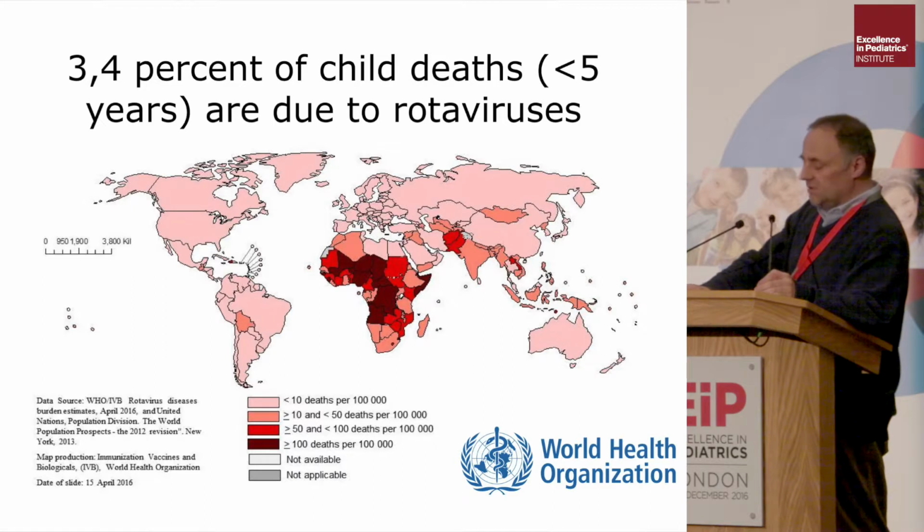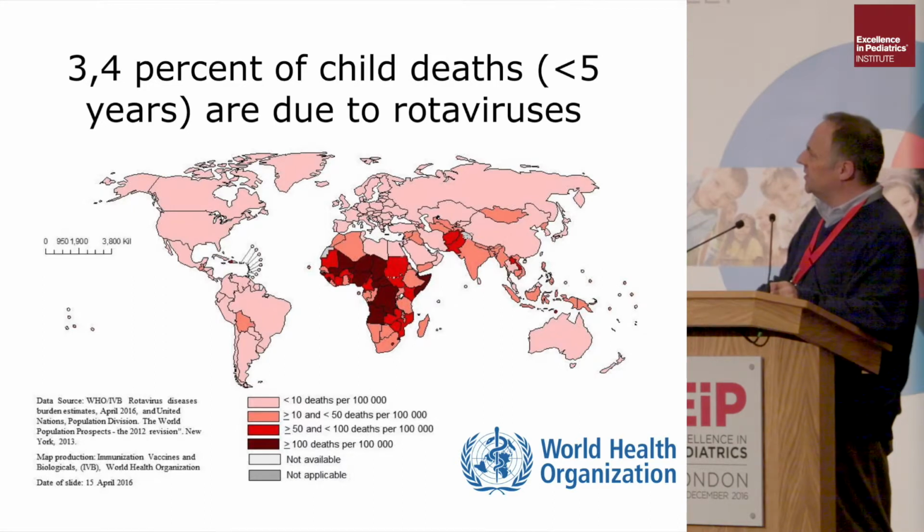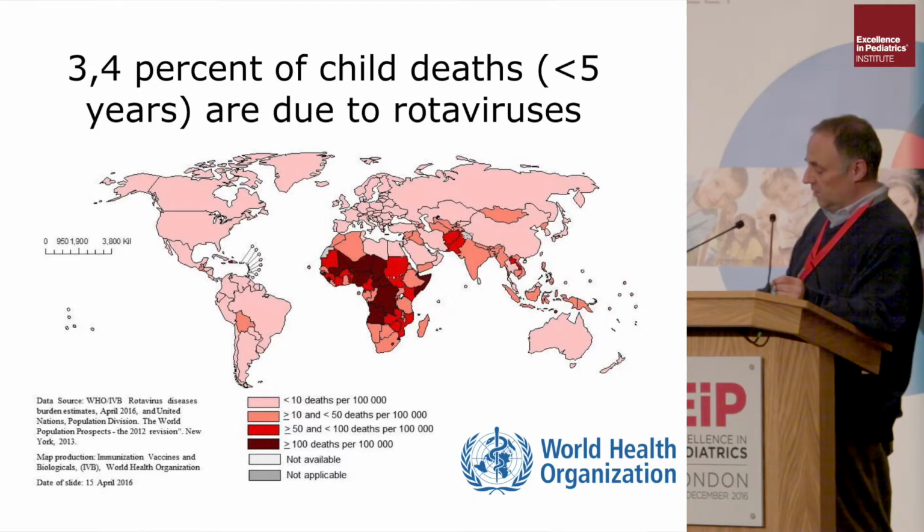All in all, and these are numbers from spring 2016 of the WHO, based on numbers that were accurate till 2013, 3.4% of the young children that die worldwide die because of a rotavirus infection, with the same sad map, which is so often true for many other infectious diseases, also being present here.